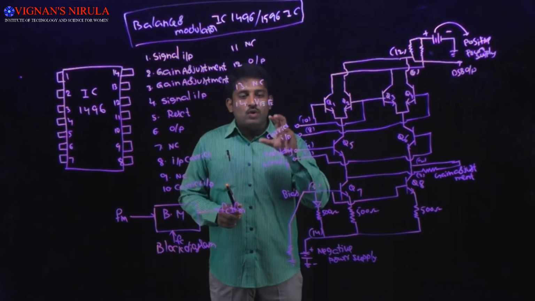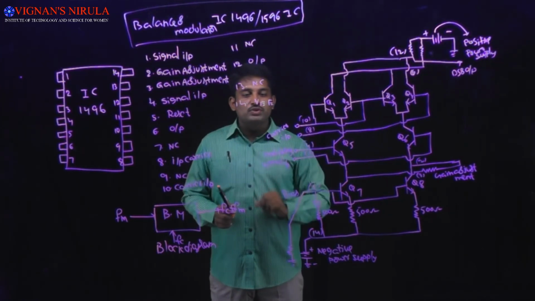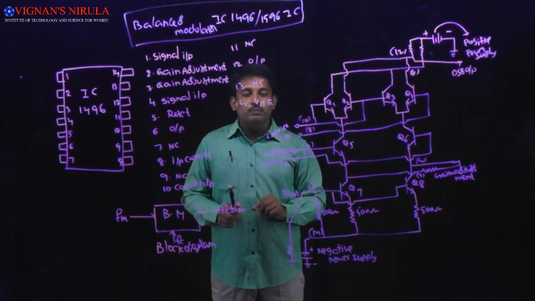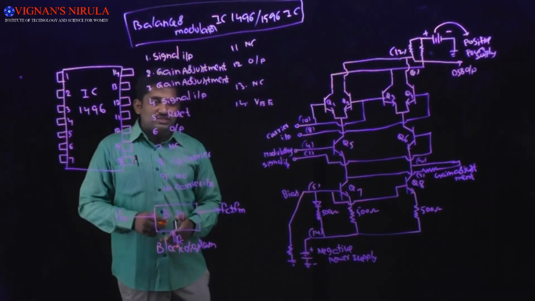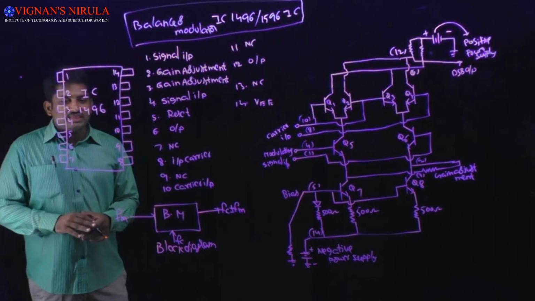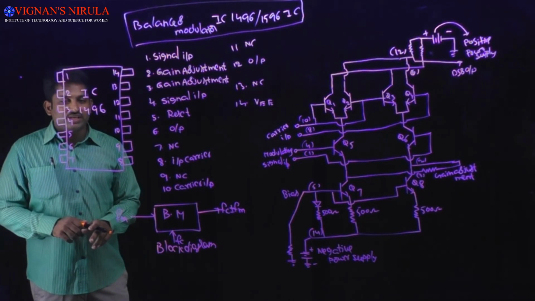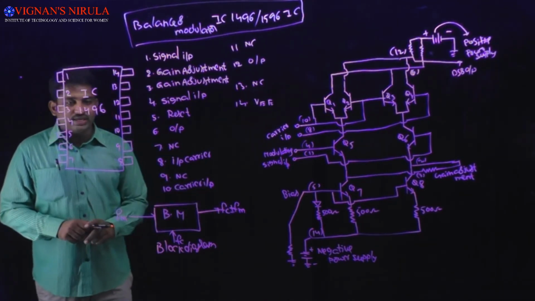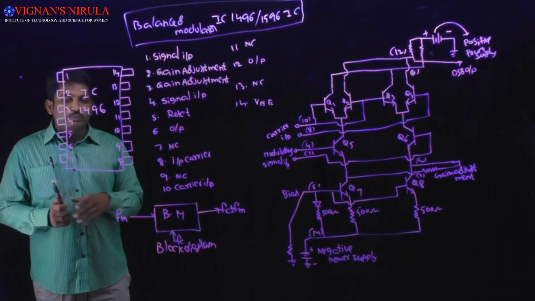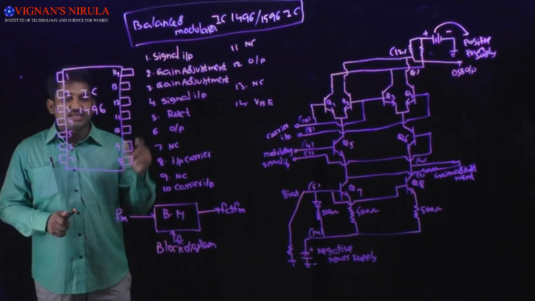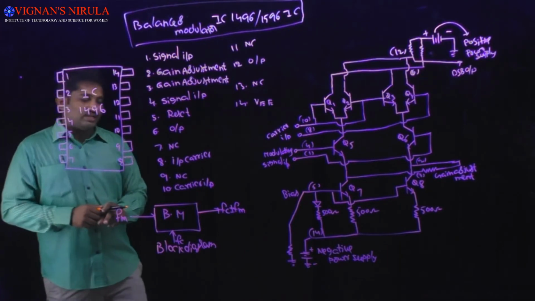The balanced modulator produces the output as a sum and the difference of the input signals which we apply at the input of the balanced modulator, which are Fc plus or minus Fm, where Fc is the carrier frequency and Fm is the modulating frequency. From this, what we can conclude is that it suppresses the carrier signal and produces the DSB signal, which is the basic principle behind the balanced modulator.